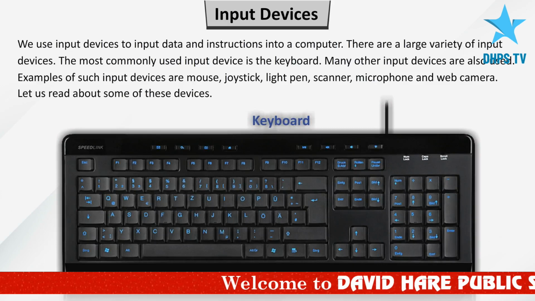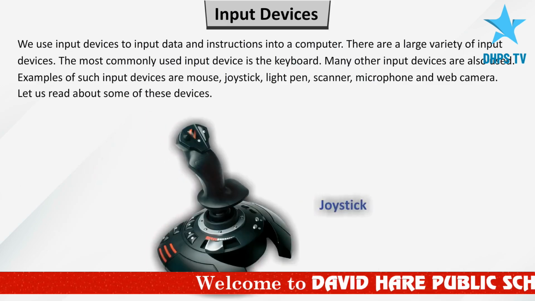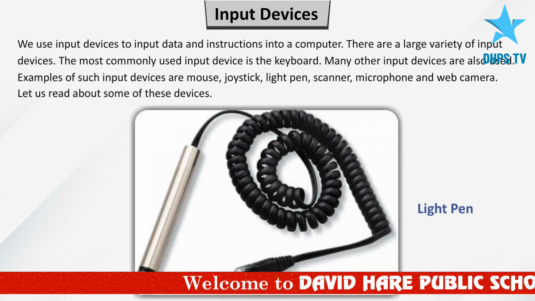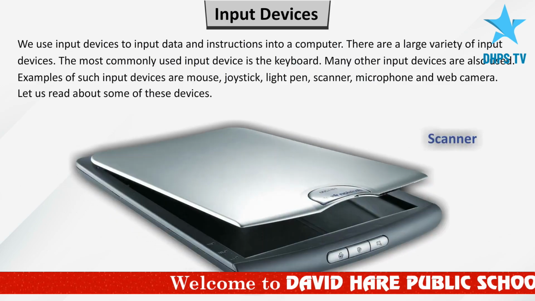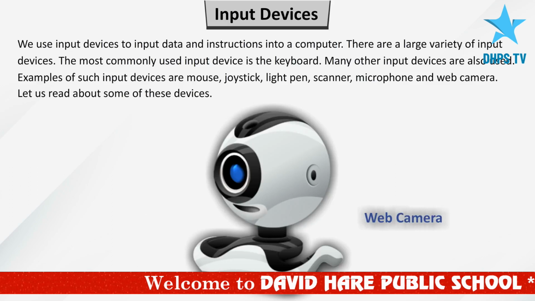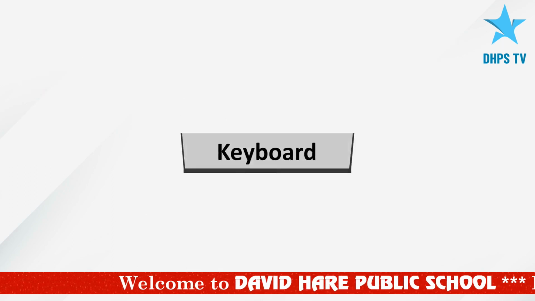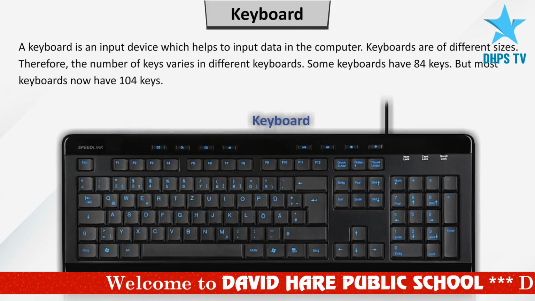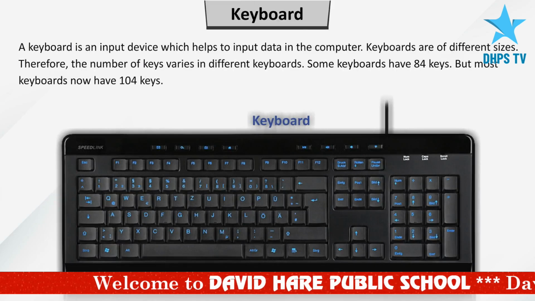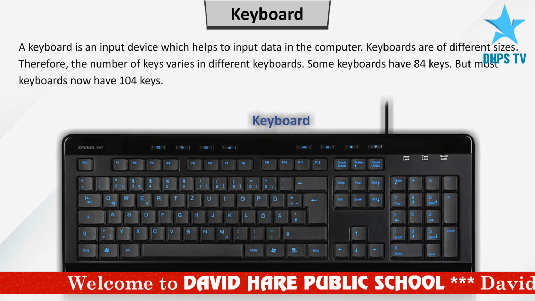Examples of such input devices are mouse, joystick, light pen, scanner, microphone, and web camera. Let us read about some of these devices. Keyboard. A keyboard is an input device which helps to input data in the computer.